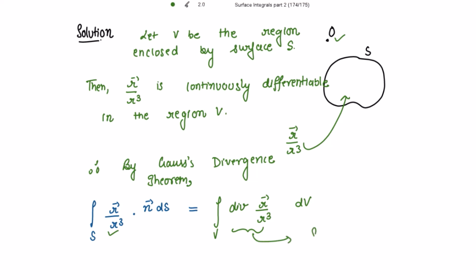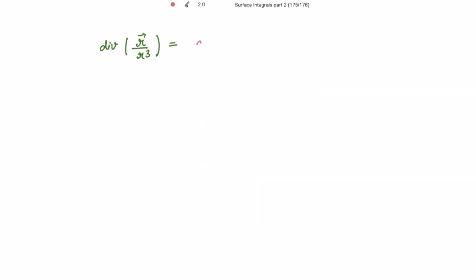So let's evaluate this. This is equal to the divergence of, writing the value for r vector, that is x i vector plus y j vector plus z k vector. So I can write r vector divided by r cube as x divided by r cube i vector plus y divided by r cube j vector plus z divided by r cube k vector.